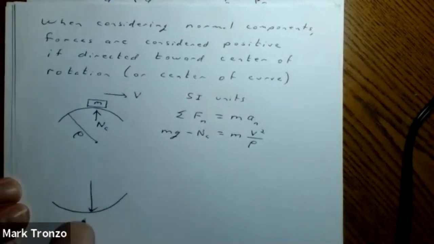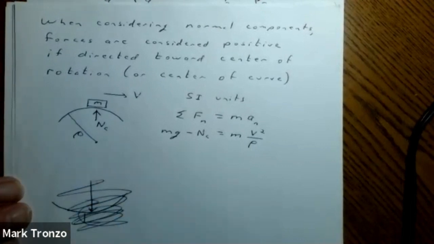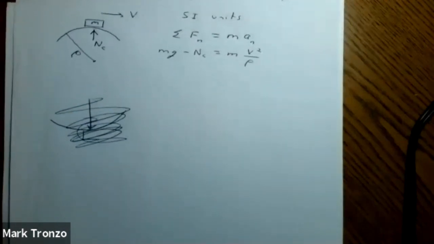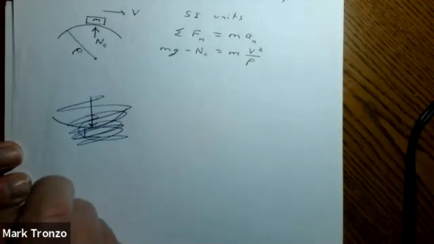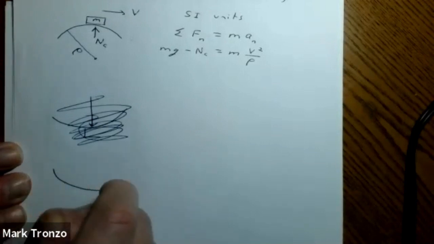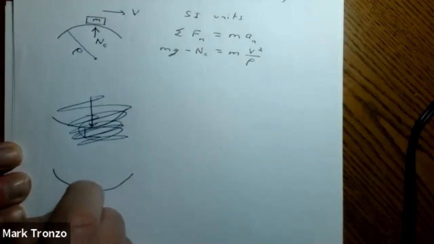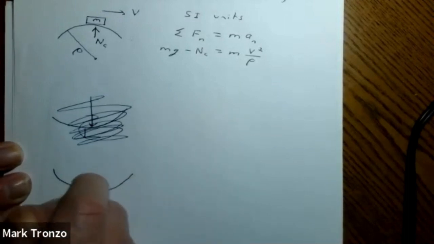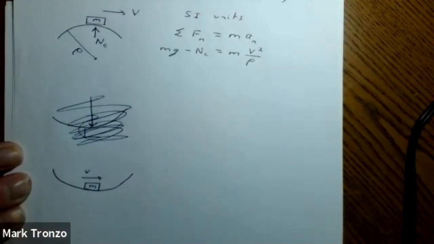On the other hand, actually, that's not a good picture. Let me do another one here. Slide this up a little. What I want to do is have a car maybe like here, going once again with a velocity in this direction.